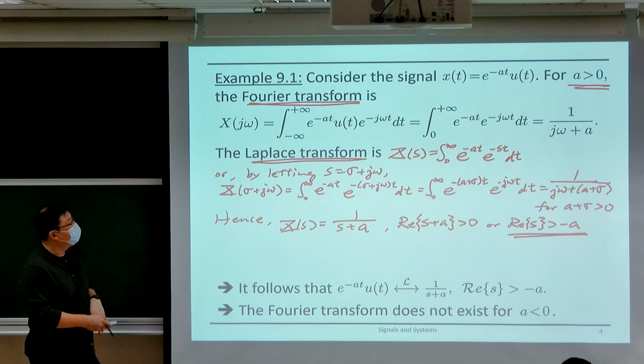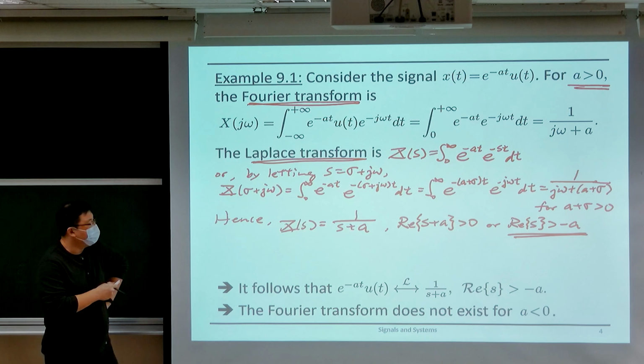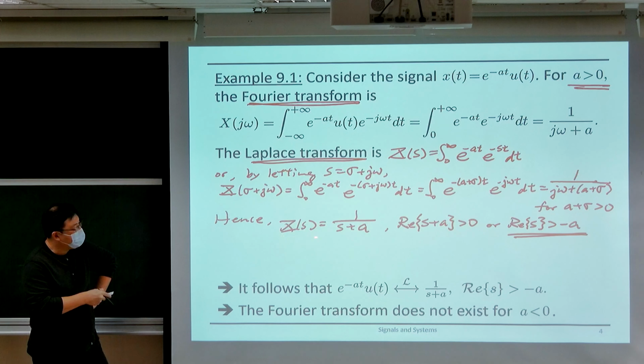Now notice that the Fourier transform can exist only when a is greater than 0. But if you look at the Laplace transform, it can exist even when a is not greater than 0.